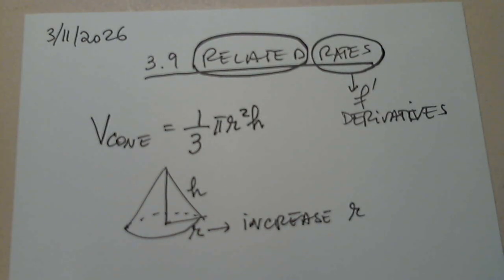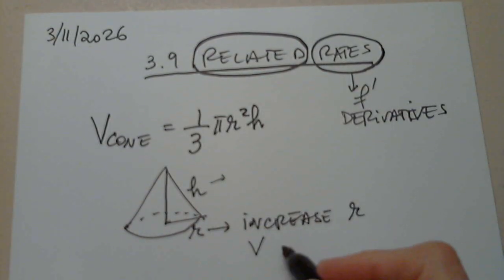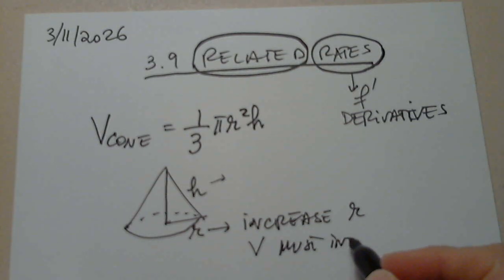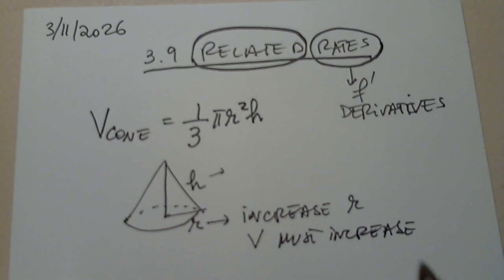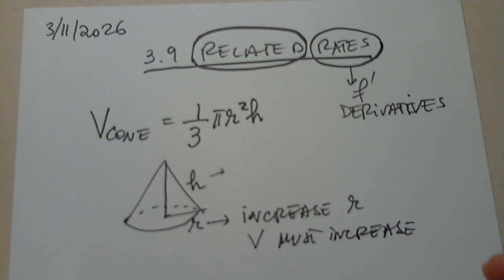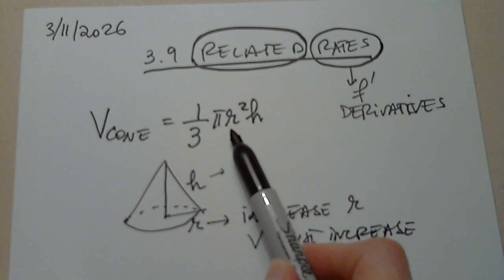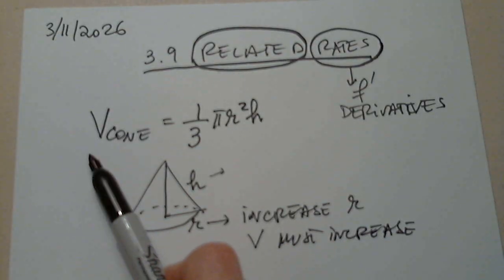What will happen? Well, h must increase. The volume must increase. So if I increase or diminish the radius, then the height will change and the volume of the cone will change.